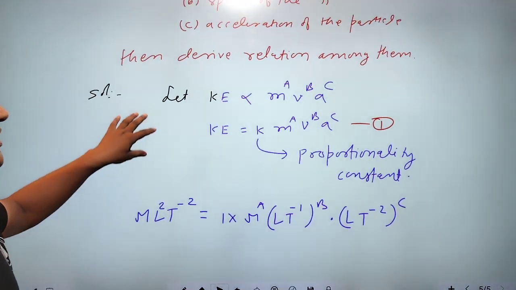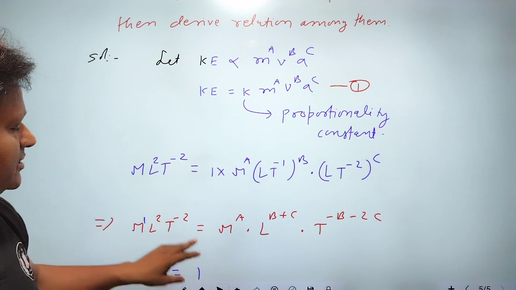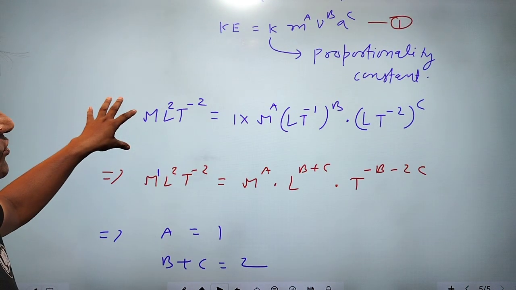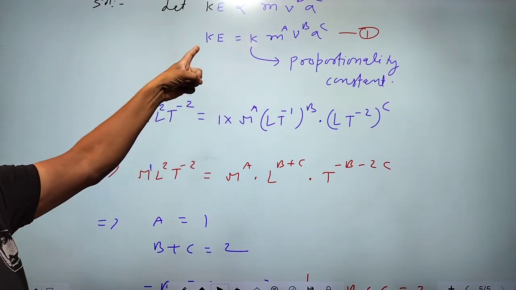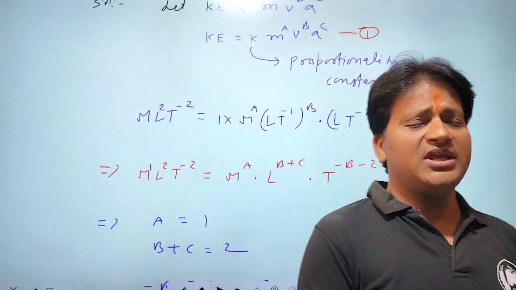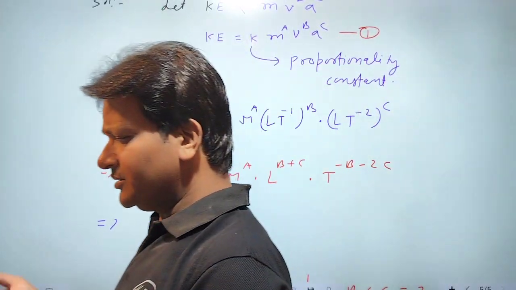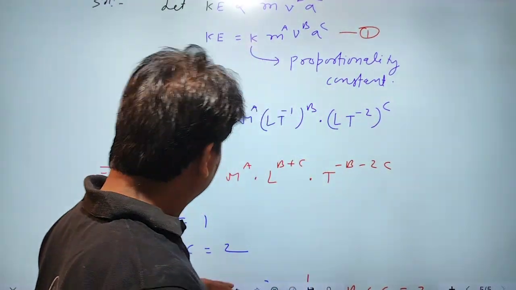Okay. Writing dimensions on both sides, the process will be similar to the previous question. We know that the dimension of any energy, like kinetic energy, potential energy, any energy, will be equal to that of work.